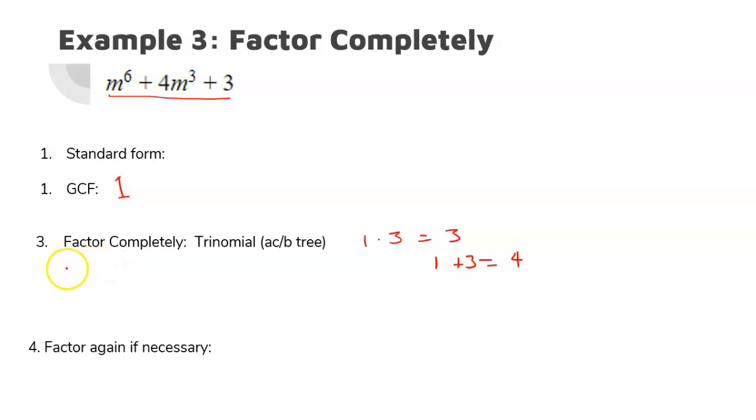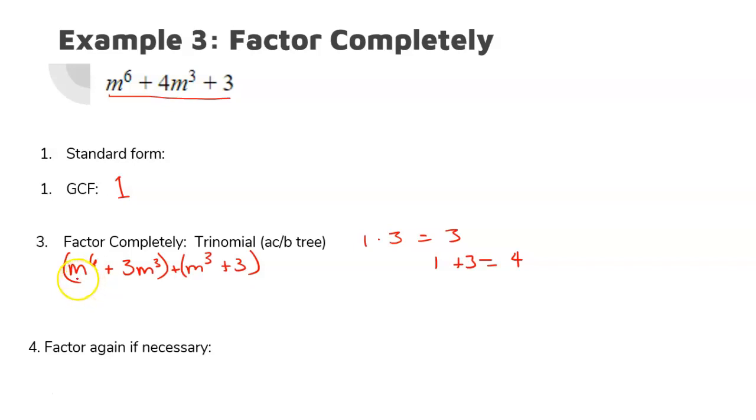So I'm going to rewrite my expression. m to the 6th plus 3m to the 3rd plus m to the 3rd plus 3. Now I have 4 terms, so I can factor by grouping. Just group my terms like this.